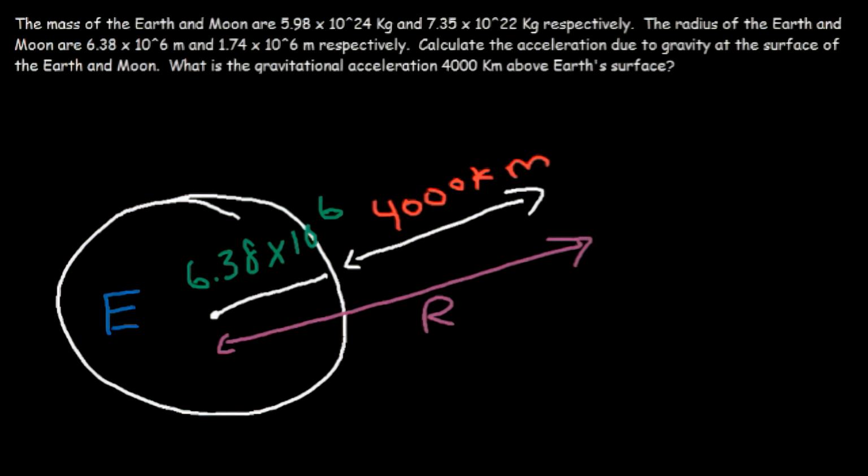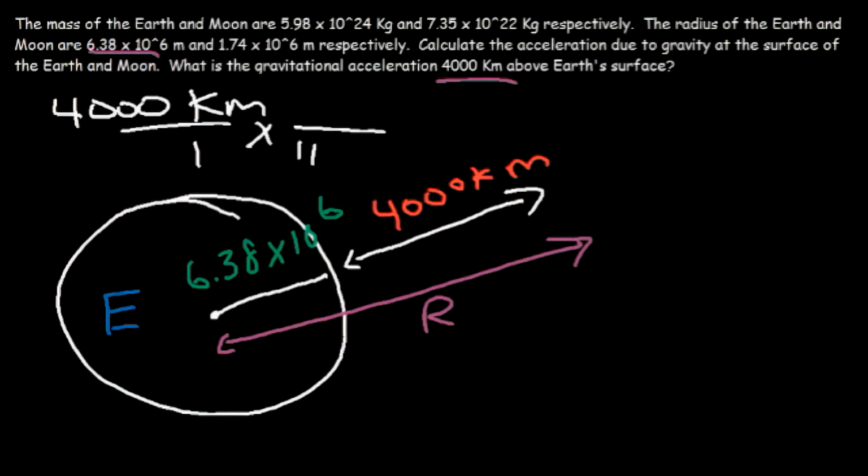Now we can't simply add the radius of the Earth and the 4,000 kilometers because the units don't match up. The radius is in meters and the altitude is in kilometers. So let's convert kilometers to meters. 1 kilometer is about 1,000 meters. So 4,000 times 1,000 is 4 million, which is about 4 times 10 to the 6 meters.